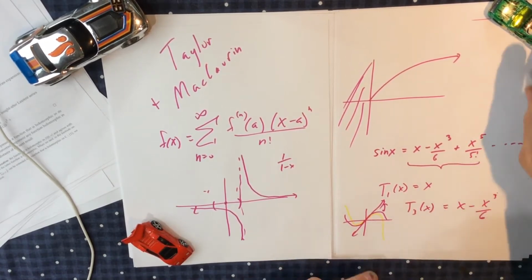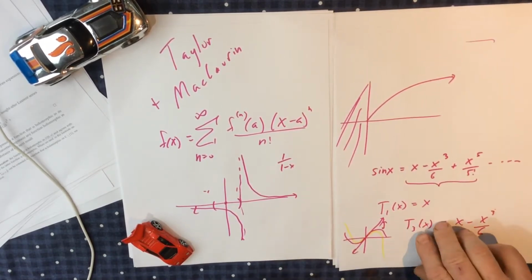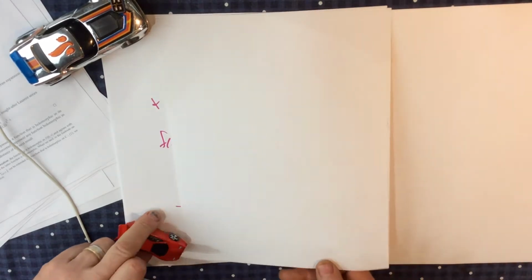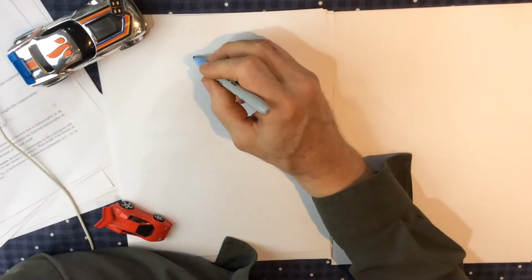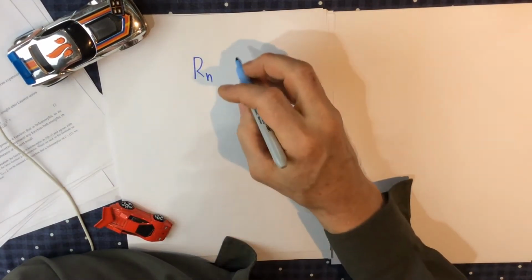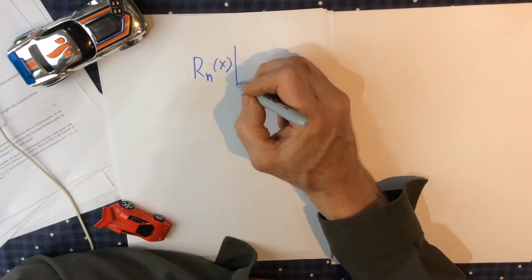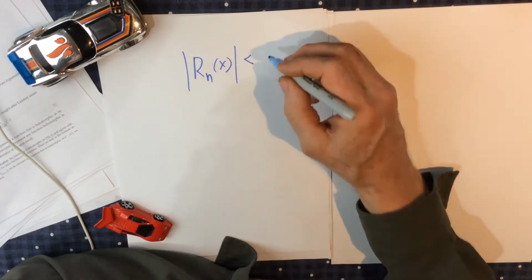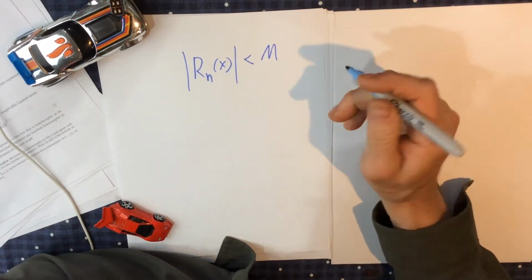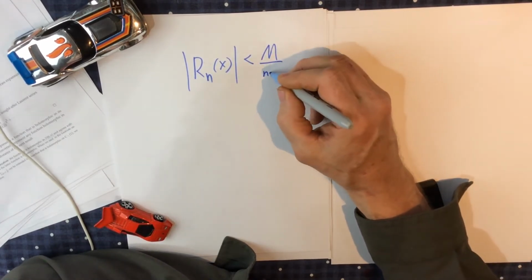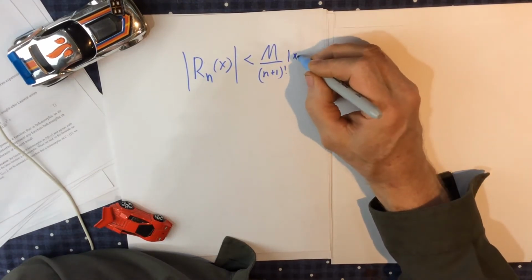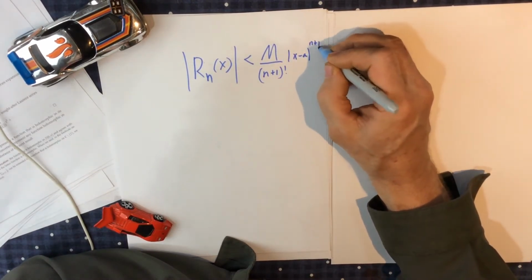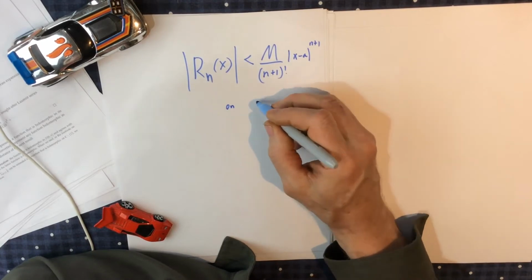But how do you use them? Well, how you use them is first to figure out how good they are. And Taylor's theorem includes a statement about the goodness, and that is the following. The remainder of the nth Taylor polynomial is bounded by the maximum of the function on some interval over n plus 1 factorial times x minus a to the n plus 1 on an interval.